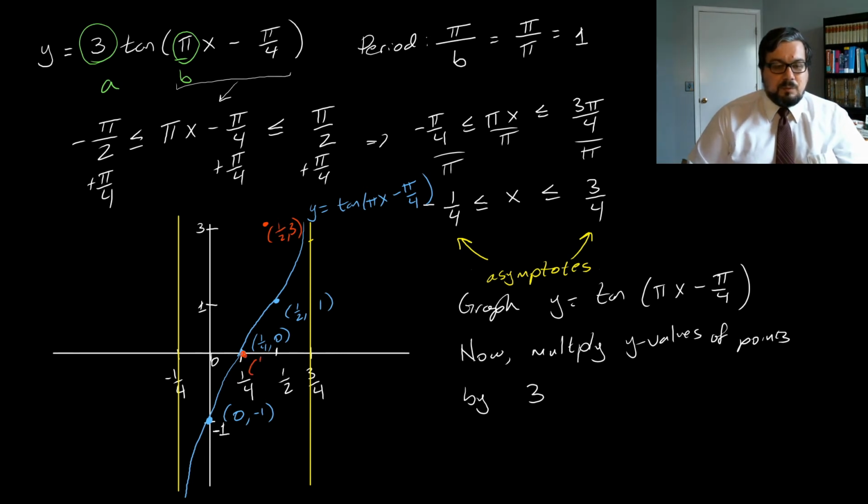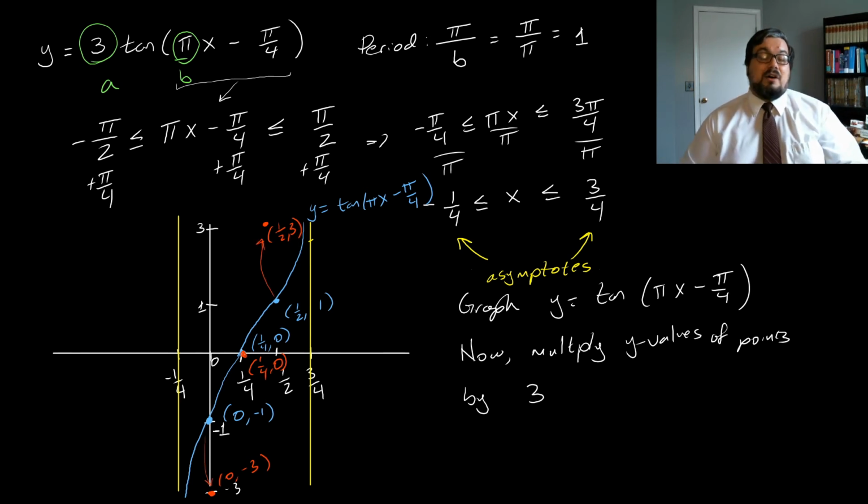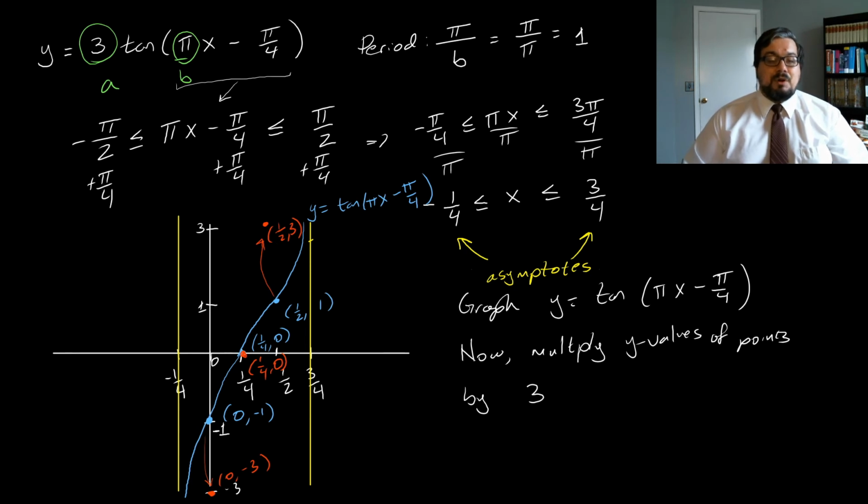And then we'll get 1/4, 0, because 0 times 3 is still 0. And then we will get the point 0, -3. And in each of these cases, we've taken the point that we had on our blue graph and multiplied the y coordinate by 3.